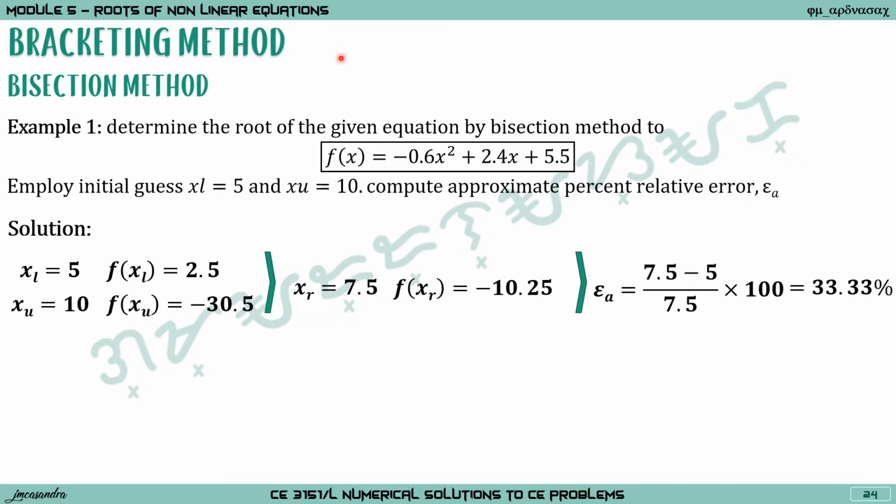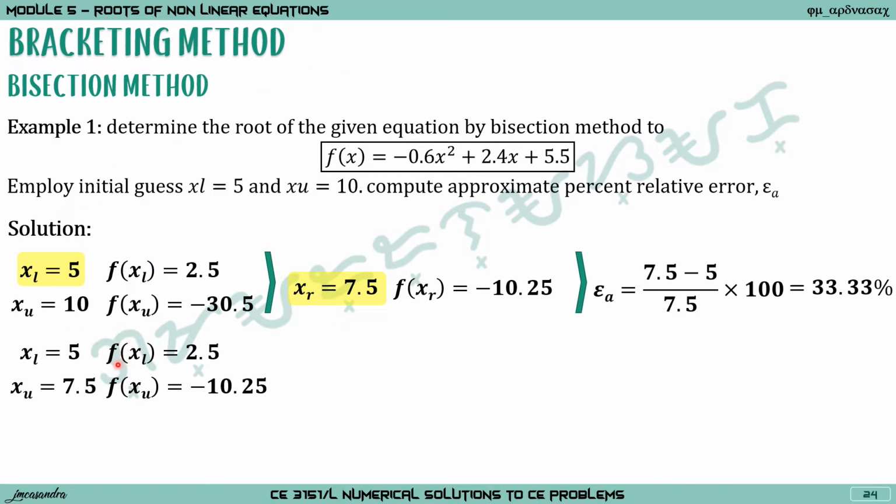So we'll use the lower limit, and our upper limit will be a new value which is equal to our x sub r. So for our next iteration, lower limit is 5, and x sub r, or the upper limit, is 7.5.